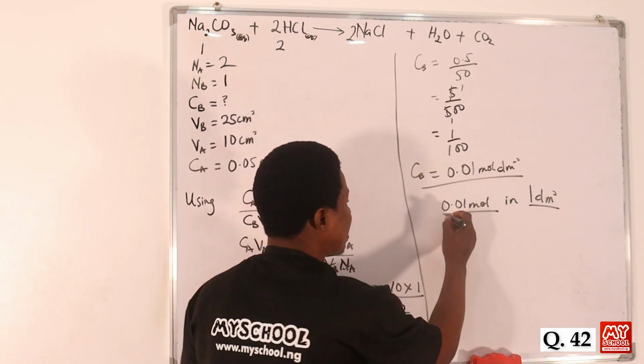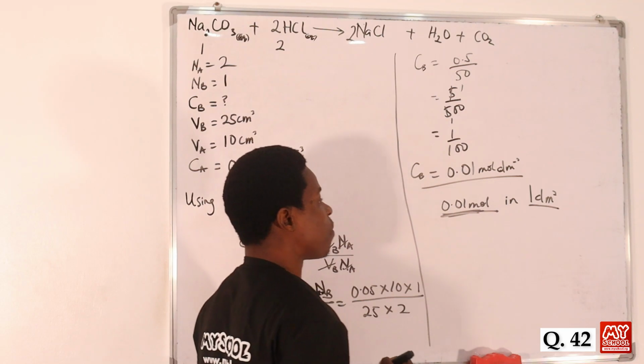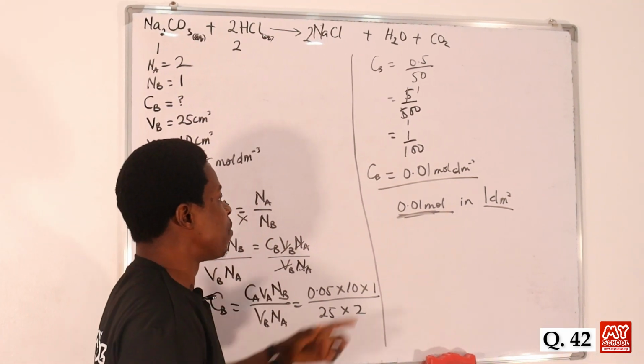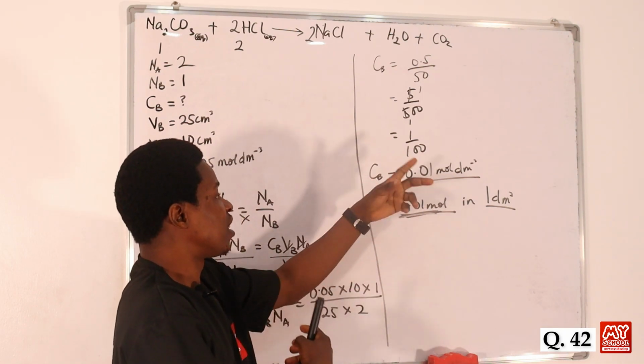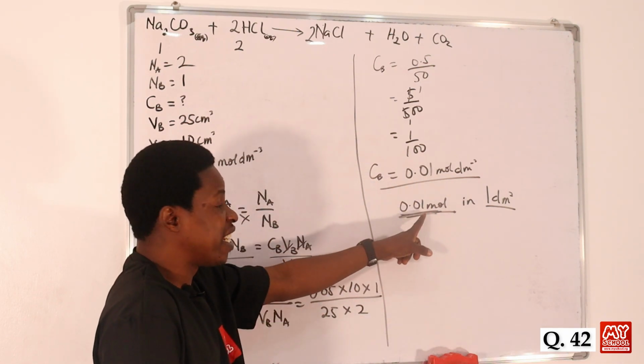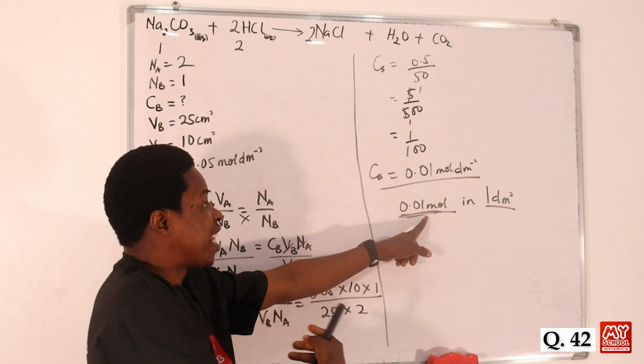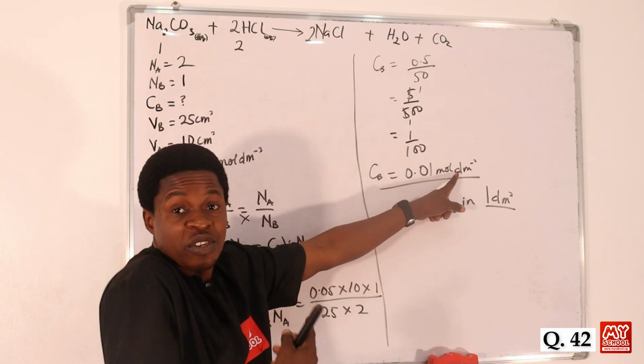So it's the same thing by saying that your answer is 0.01. So don't get it twisted by saying, but what we got was actually the concentration of the base instead of the number of moles. It is actually the number of moles of that substance that is dissolved in 1 dm cube. That's what your concentration is.